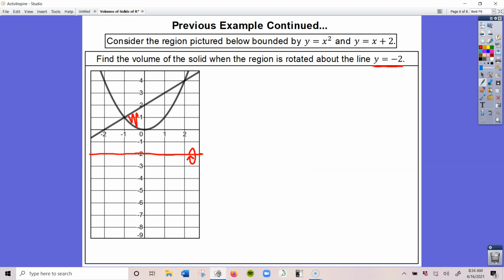So this is the solid part, as we saw in the previous example. I'm going to reflect it over. This is 3 units away, so I'm going to go 3 units down. This is 6 units away, so I'm going to go 6 down.